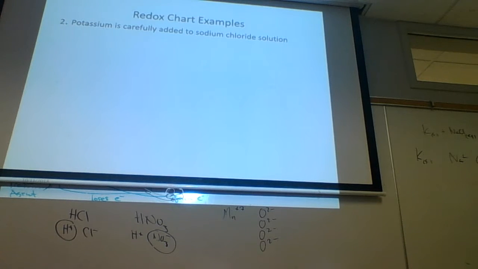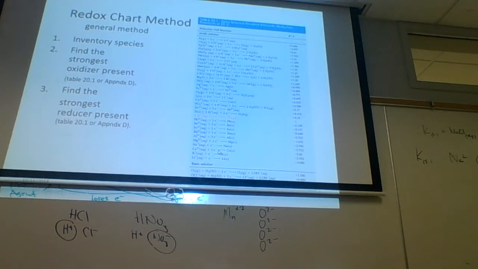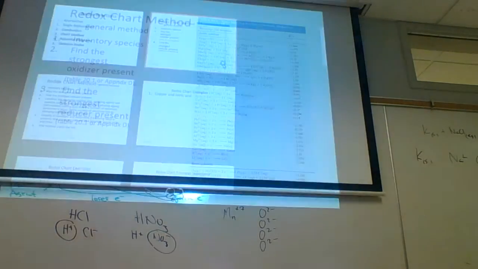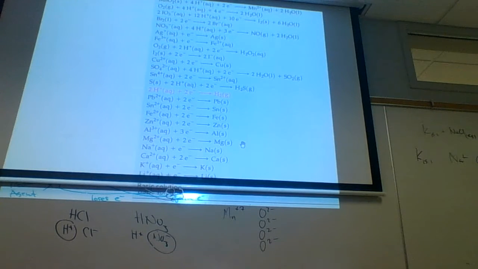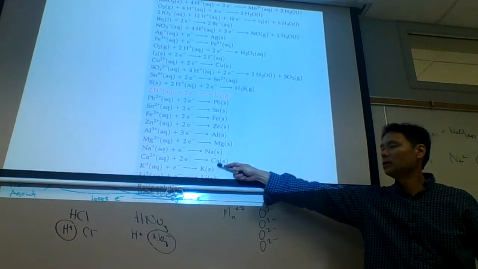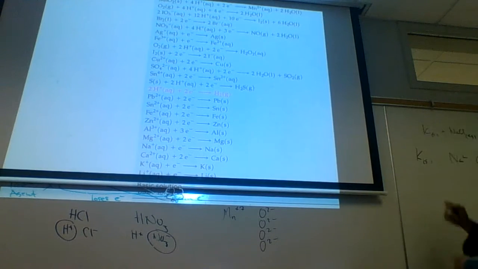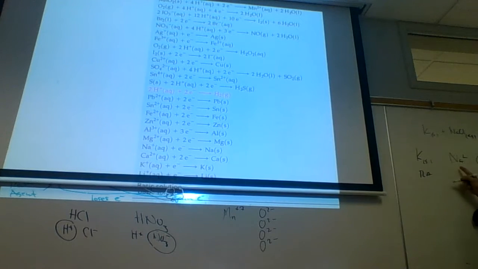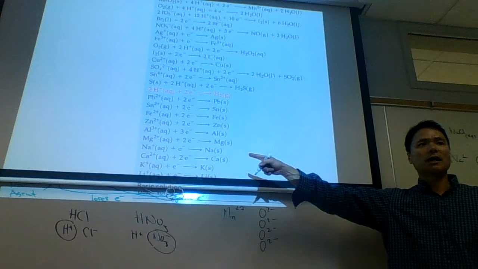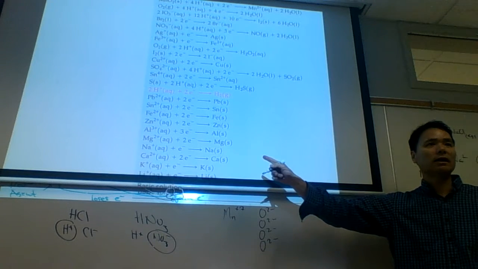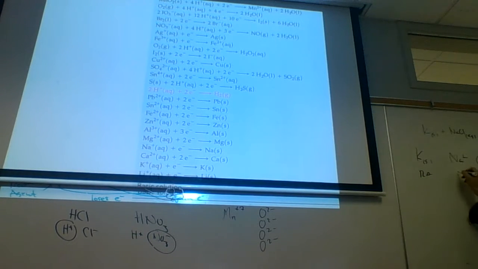And so we look at the chart. So let's consult the chart. What is potassium? Potassium is on the reducing agent side, so we say potassium is a reducing agent. What is sodium ion? That's on the fluorine side. If it's on the fluorine side, it's an oxidizing agent.